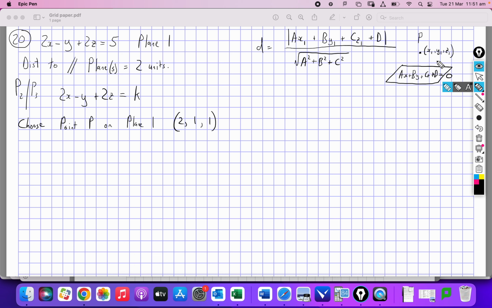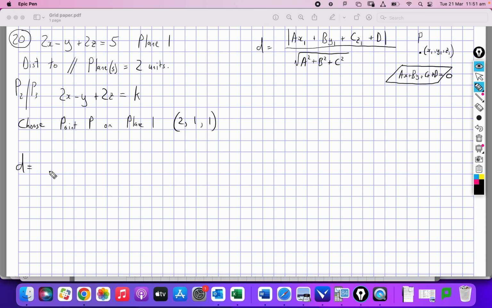So I've tried to draw a little diagram. So it's like this is plane 2 or plane 3 with the A, B, C, and in this case it's going to be a minus k for D. And the point, the x1, y1, z1 comes from the first plane, and I've chosen this point 2, 1, 1. So I'll go to the formula.